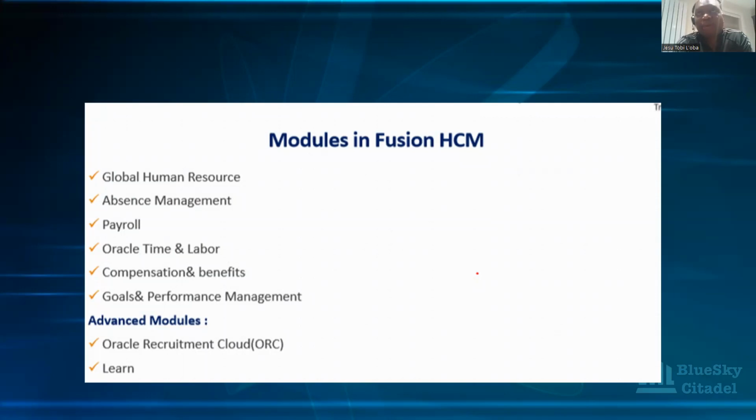Also, we have payroll. Payroll is where, like I mentioned earlier, if you have 20,000 employees, you need to create payrolls so that you don't have only one payroll. You can have like 5 or 10 payrolls because you have too many employees. So that's where payroll also comes in.